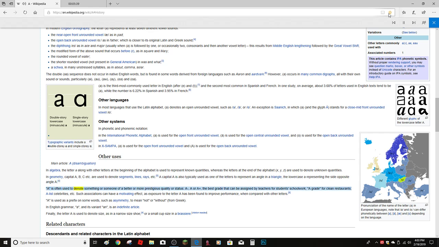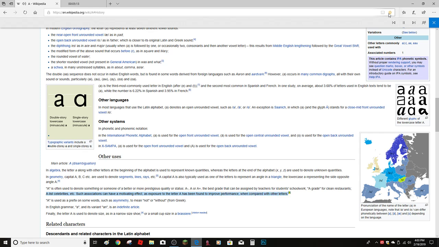A is often used to denote something or someone of a better or more prestigious quality or status, A-, A or A+, the best grade that can be assigned by teachers for students' schoolwork, a grade for clean restaurants, A-list celebrities, etc. Such associations can have a motivating effect, as exposure to the letter A has been found to improve performance, when compared with other letters.